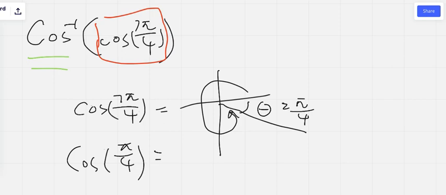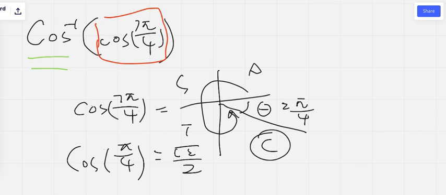It is root 2 over 2. We can also use ASTC to tell if this is a positive or a negative value. We all know that in this area, the C is positive. Therefore, this will be root 2 over 2.